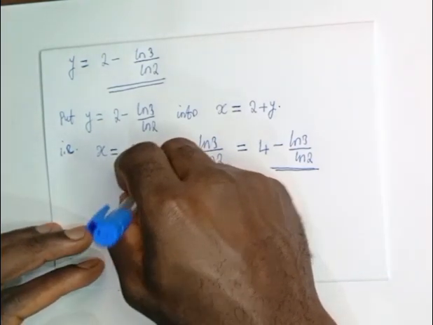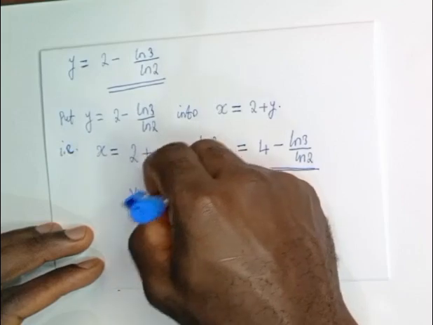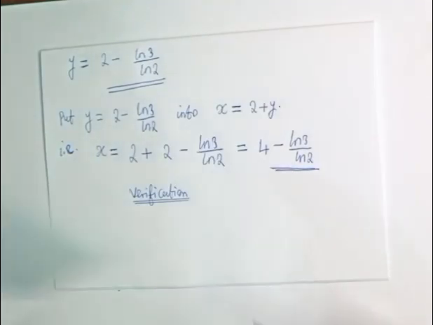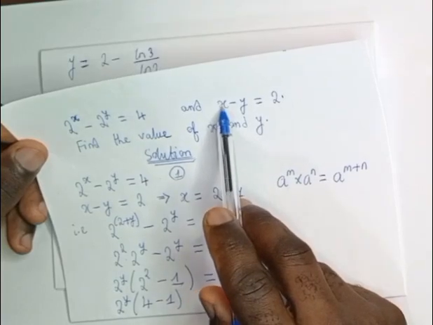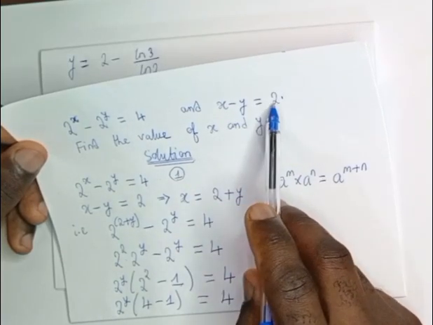Let's take down the verification. We are going to make use of the second equation to see if we take x minus y, we are going to obtain 2.